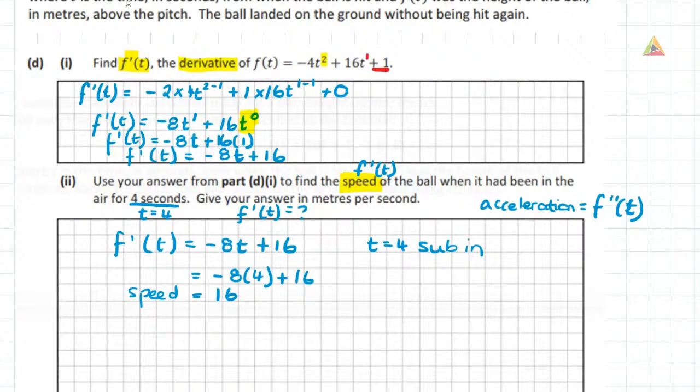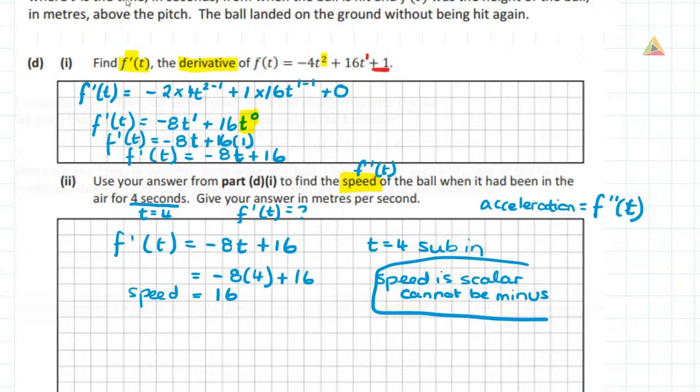Speed is something that we describe as being scalar. So we'll just write this, speed is scalar. So that means that it doesn't have a direction, it only has a value or a magnitude, which means that it cannot be minus. So when my calculator gives me that minus 16, I'm just going to take the 16 part and say my speed is 16.